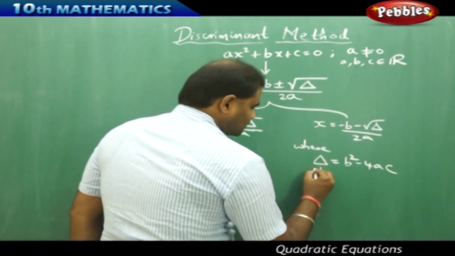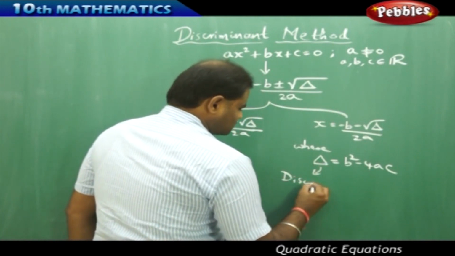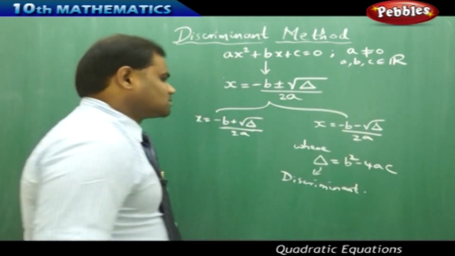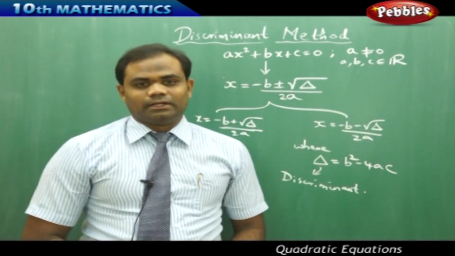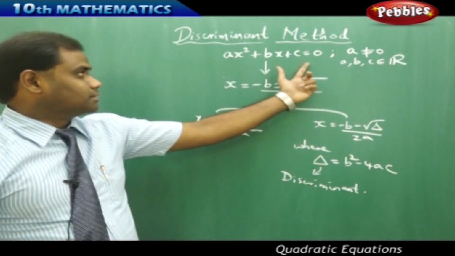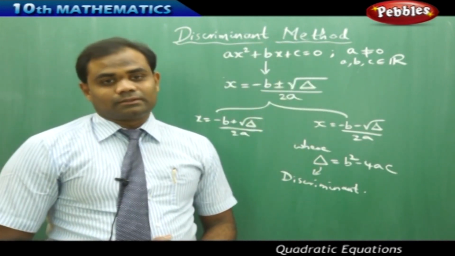This is how we identify the formula for finding the solutions of any quadratic equation using the discriminant method.